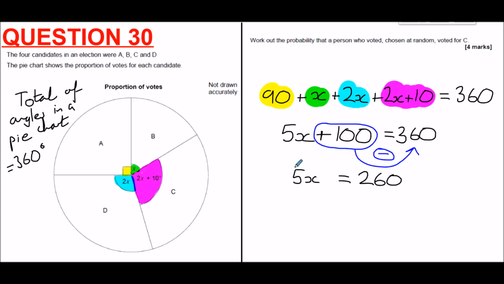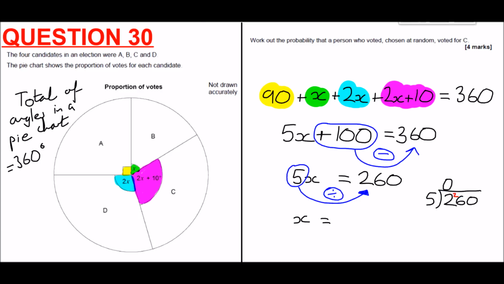We don't want 5x's though, we want to have just 1x. And so in the same way, that 5 is multiplying the x, so if we swap the side, it will swap the sign to the opposite of multiply, which is divide. And so x is going to be 260 divided by 5, which I'm just going to do over here using the bus stop method for you. 5's into 2 won't fit, and so we've got a remainder of 2.